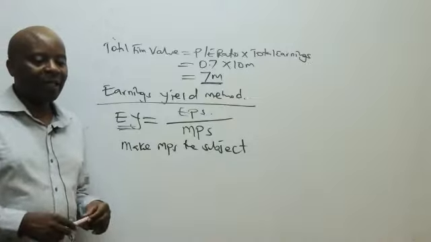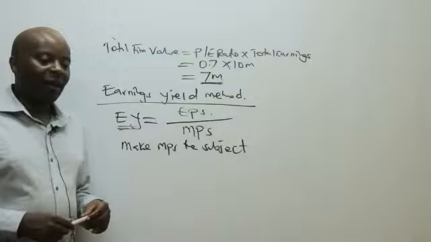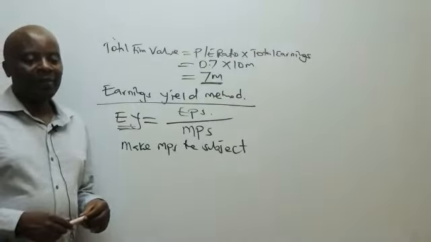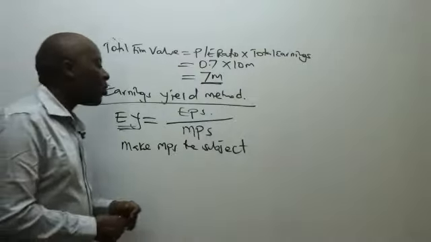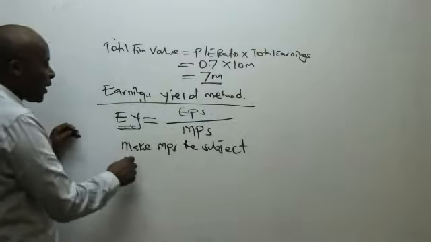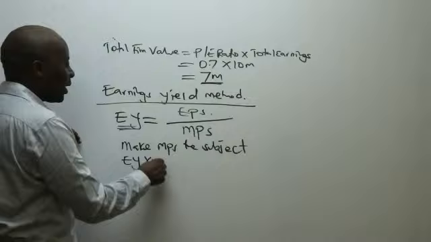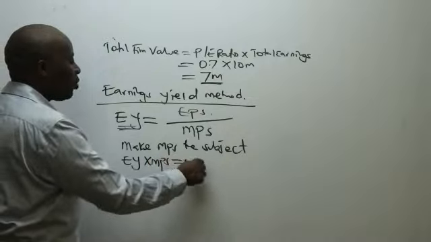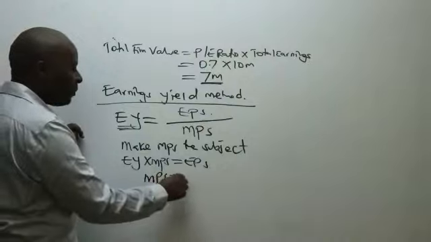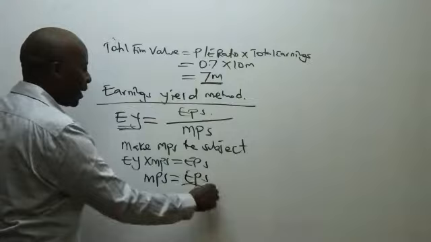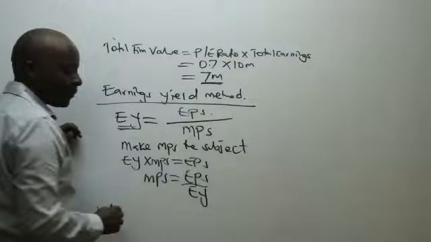Betty has already been able to bell the cat. Thank you very much. All of us are correct, because on cross multiplication we have earnings yield times MPS equals EPS. And if I make MPS the subject, then it will be EPS over earnings yield.